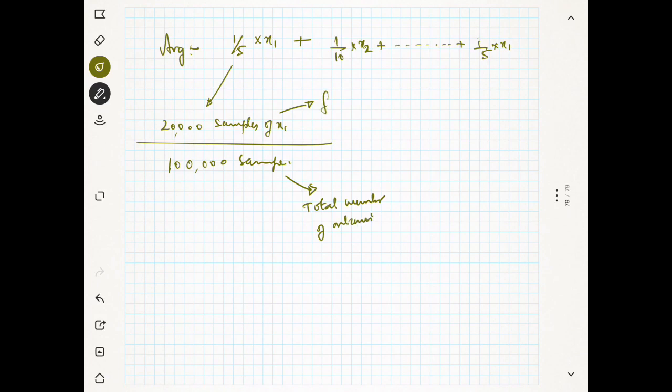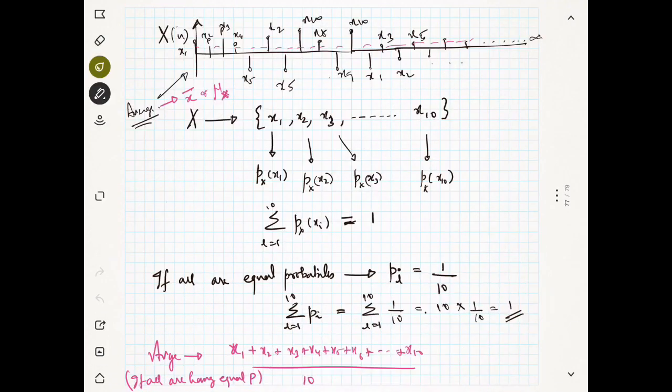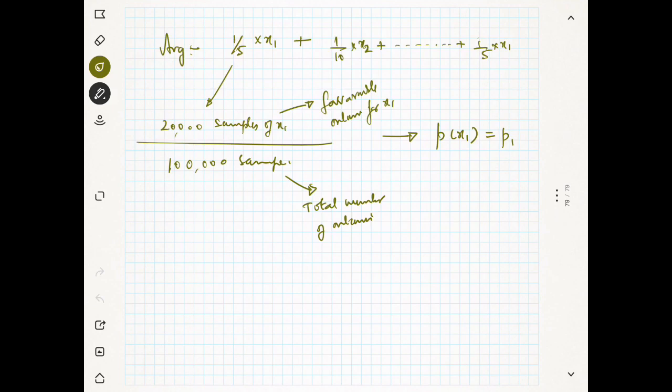And this is the favorable outcomes for x1. So you can assume that this is nothing but the probability of x1, which we denoted as p1. In the previous situation, we denoted it as pi. So it is nothing but p1.